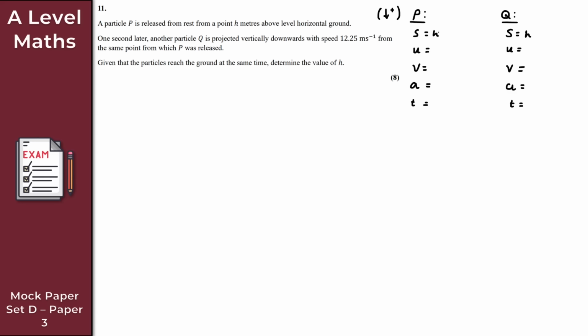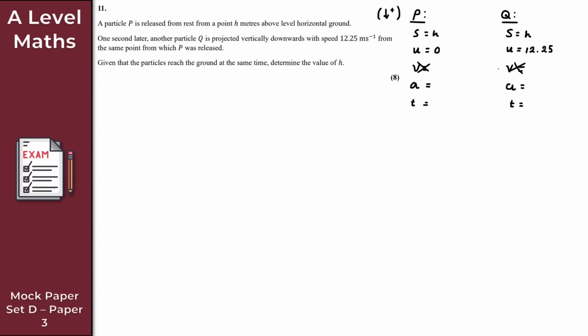For particle P, it's released from rest, so U is 0. For particle Q, that's projected vertically downwards with this speed, so U is 12.25. For v, that isn't relevant for either particle, so we can just cross that off.